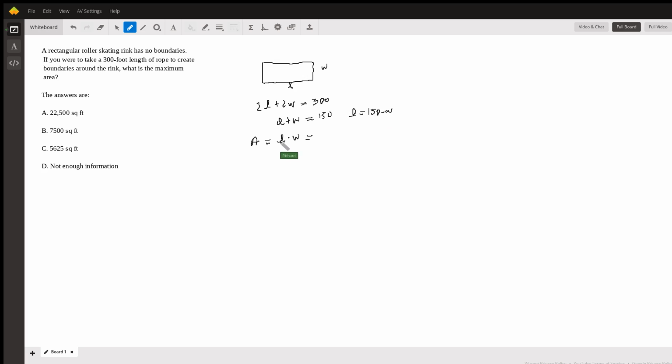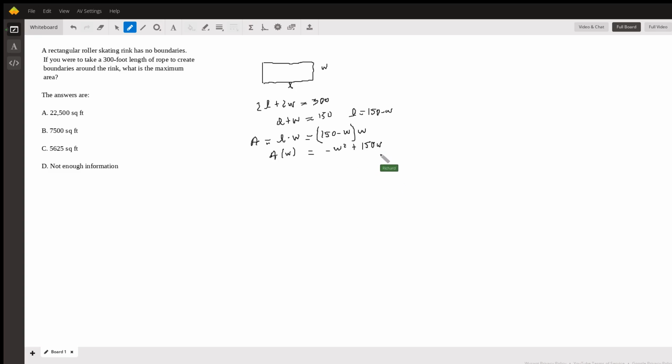And so I can rewrite area as (150 minus W) times W. And you might recognize that this is a quadratic equation, in its factored form. If I wanted to distribute, I'd write negative W squared plus 150W. And now it's a parabola in standard form. We've now expressed area as a function of width.